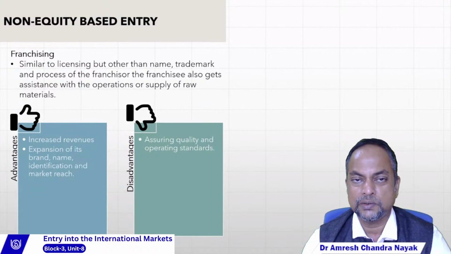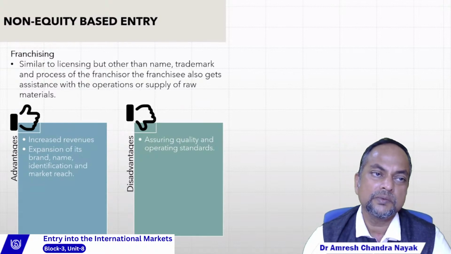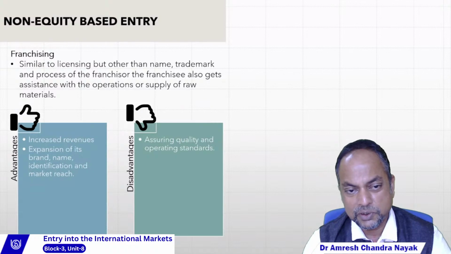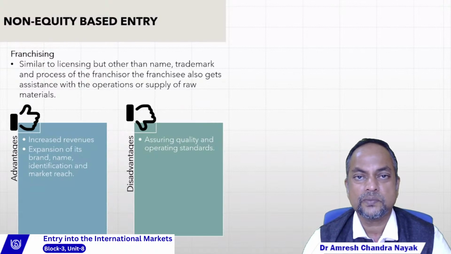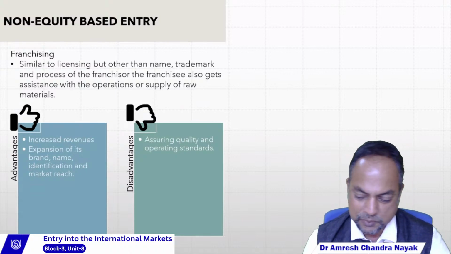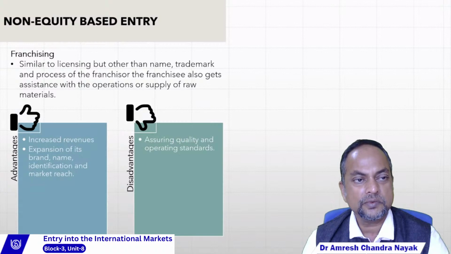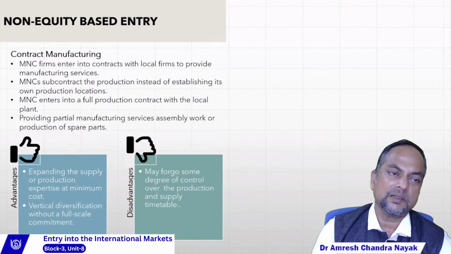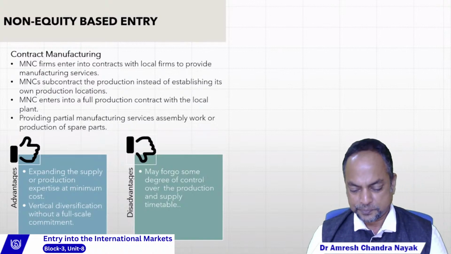All of those things can be the benefits of this franchising model. And there is an assumption that quality and operating standards should be improved. So these are the basic aspects of the franchising concept. Franchising and licensing are similar to one another.